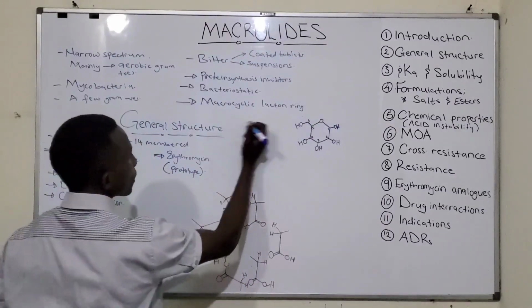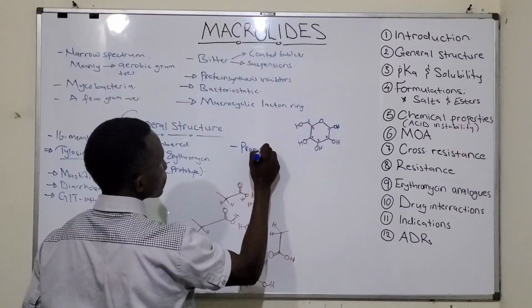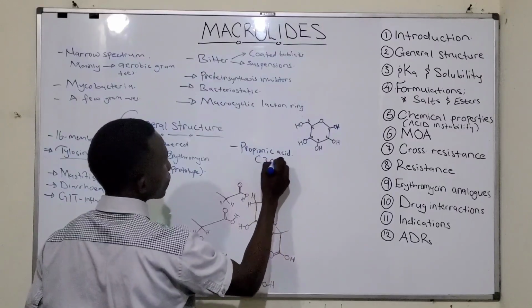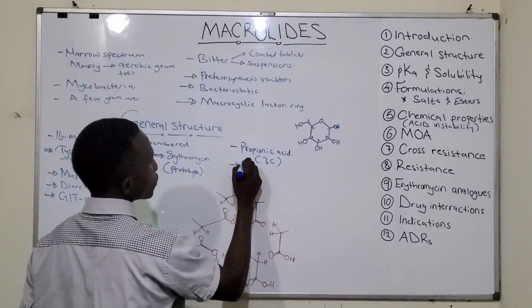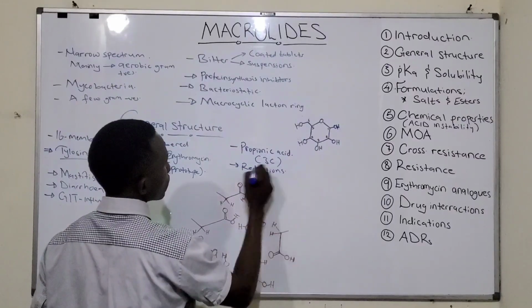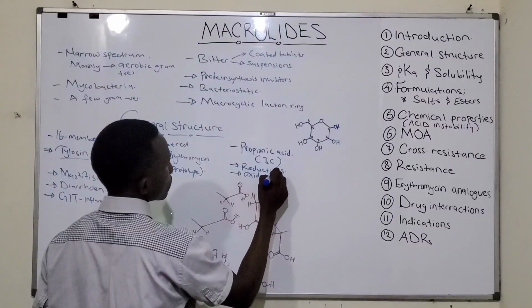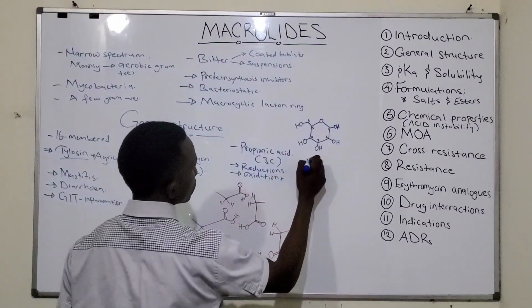One, we need to know that erythromycin is from propionic acid, which is the 3-carbon compound. We shall find some reductions, oxidations, and addition of sugars.